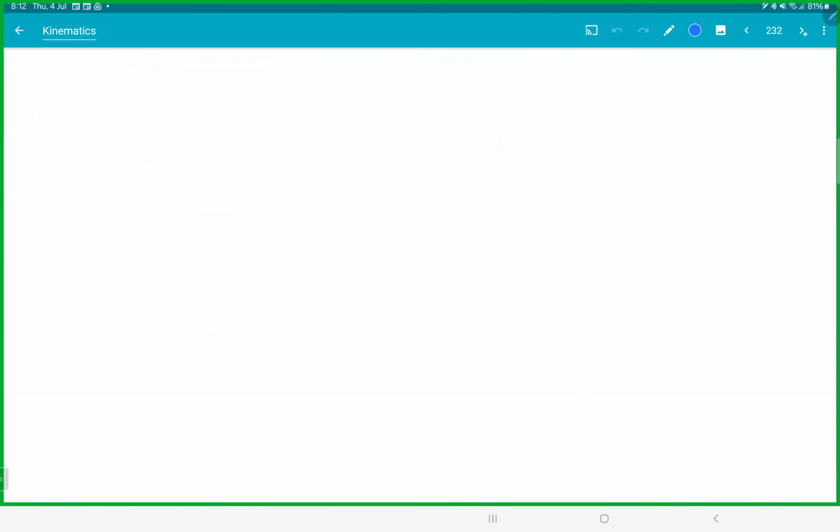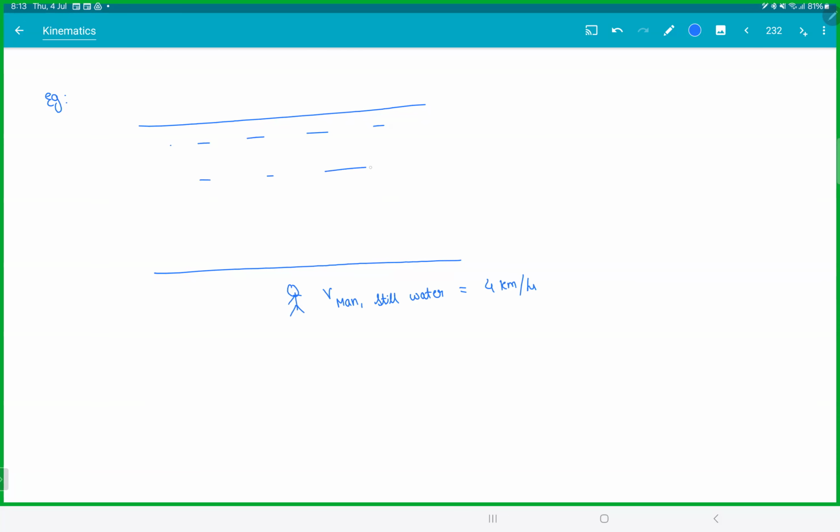So if I give an example, let's say we have a river here. This man can swim with, let's say, 4 kilometers per hour, and the river itself is going with 3 kilometers per hour.